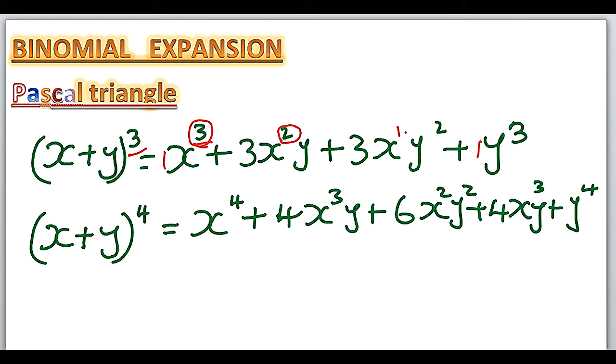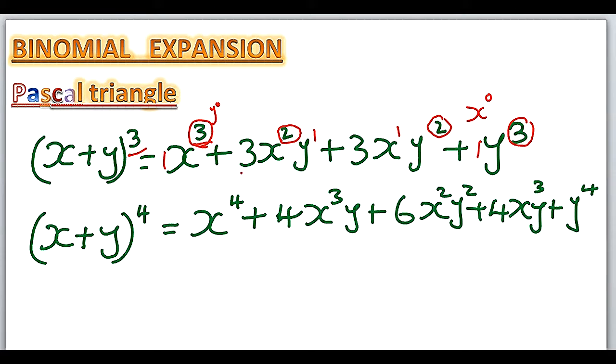This one is 1, so from 2 you got 1. And here we can assume that it is x to power 0. So it is reducing from 3 up to 0. Look at the y. If we put y to power 0, it is the same as 1, so it doesn't make any difference. So here we have y to power 1, y increases to 2, and finally to 3.